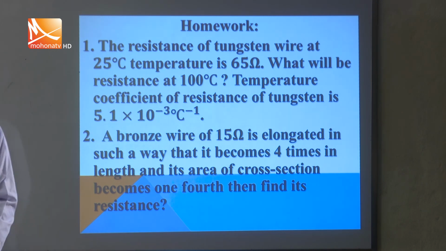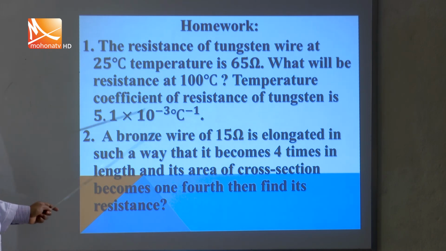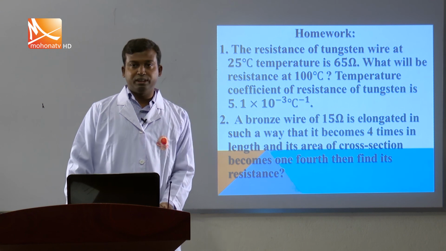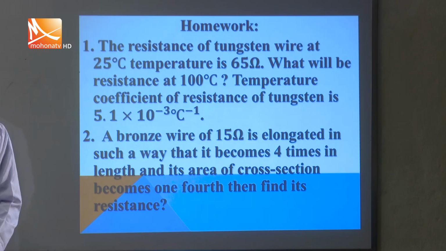The given information is the temperature coefficient of resistance, 5.1 times 10 to the power minus 3. To solve this, you can use 2 ways: by forming 2 equations, or by calculating the resistance at 0 degrees Celsius.